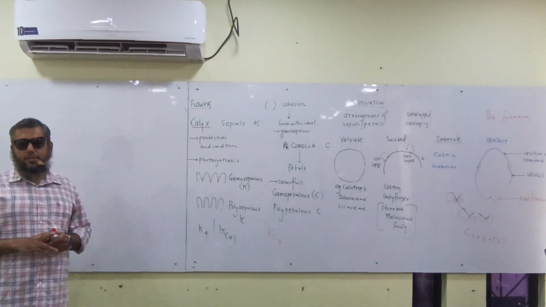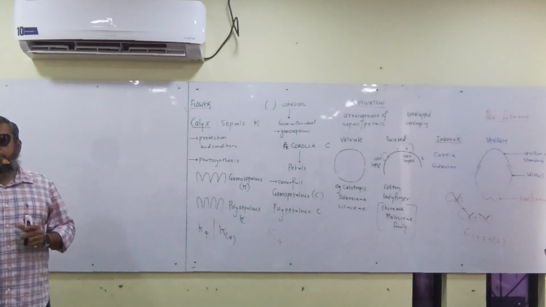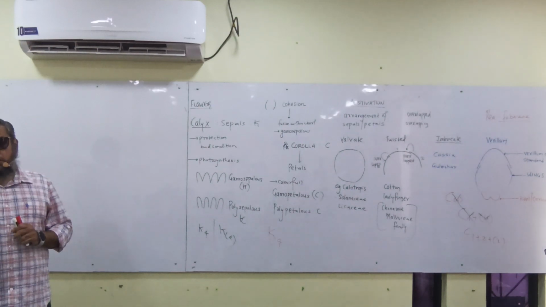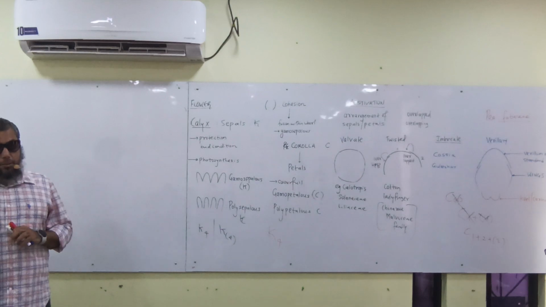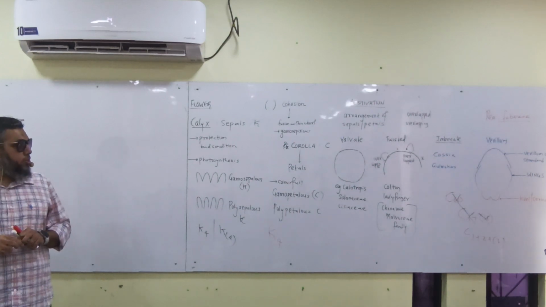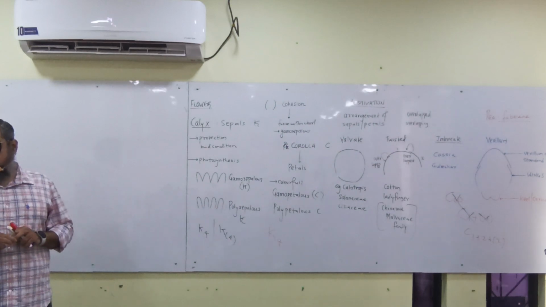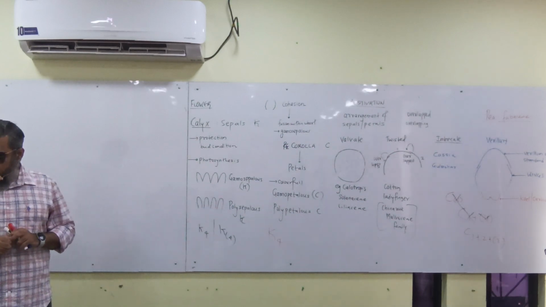So what do you mean by estivation? It is the arrangement of sepals or the petals in a flower. If the petals come very close but they don't overlap, it is called valvate. If they overlap in a particular manner, it is not in a particular fashion where one is outermost, the other is imbricate.